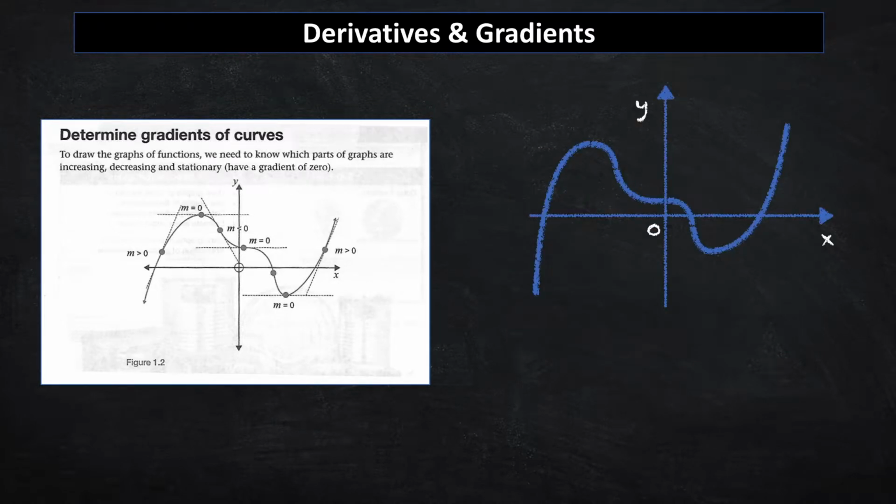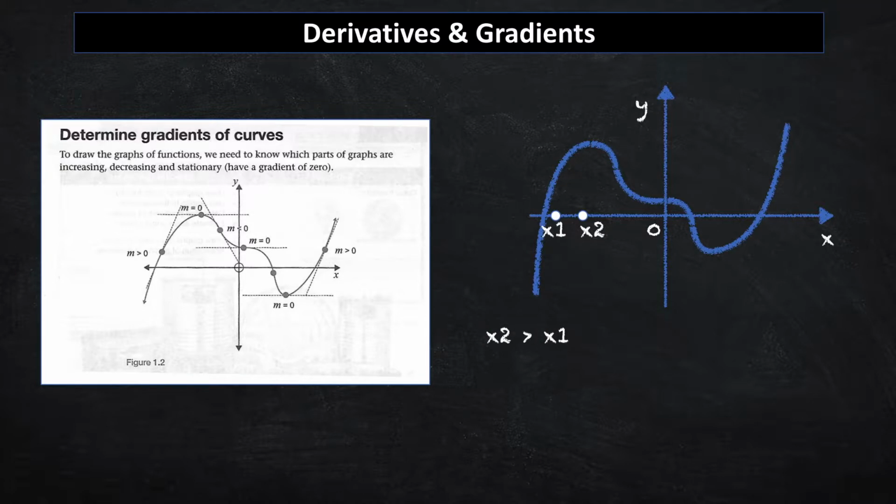Now, let's start by reproducing the curve in our Cartesian plane. Let's define 2 points on the x-axis, and we call these 2 points x1 and x2. In this case, we have that x2 is larger than x1.